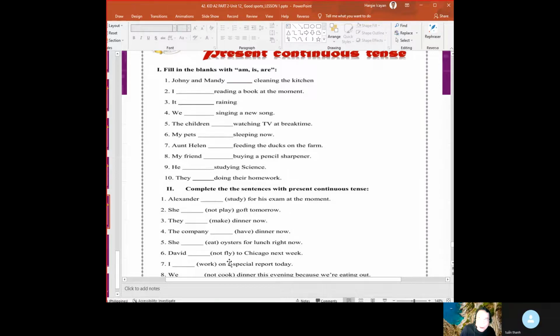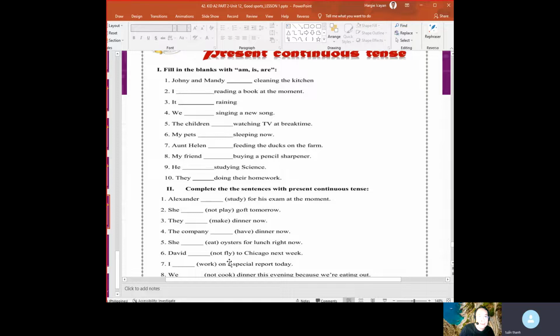Can you write it again on the chat box? The company blank have dinner now. So what would be our answer? Okay. So what would be the answer again? Can you type it again?